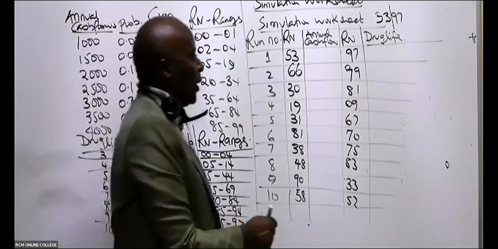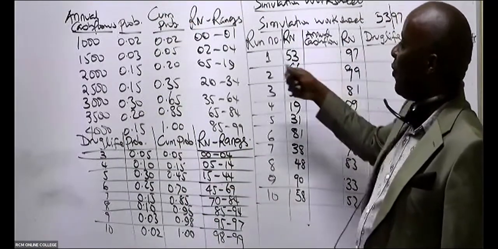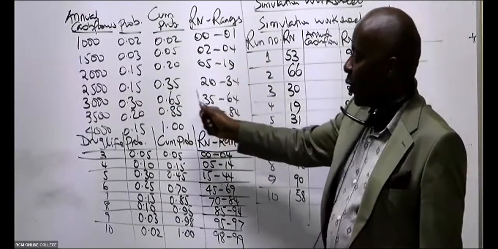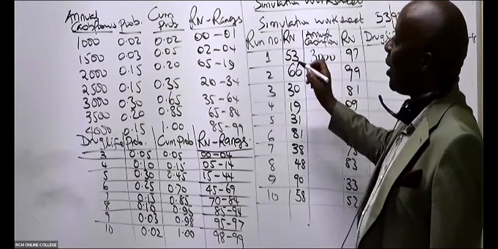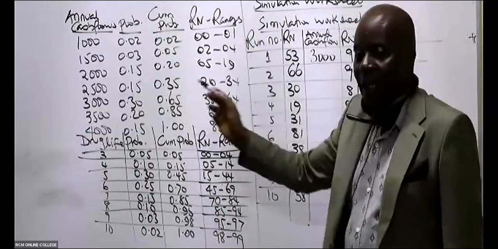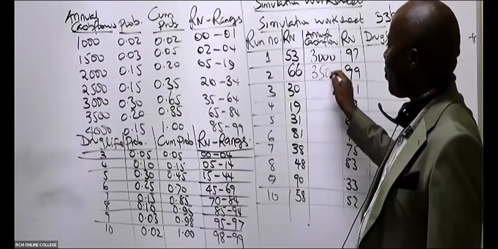So when the random number is 53, it is in between here, which corresponds to 3,000. How about 66? Where is 66? It is here. This corresponds to 3,500.